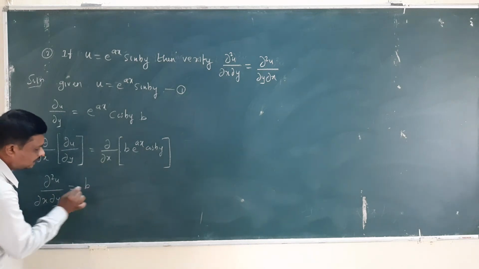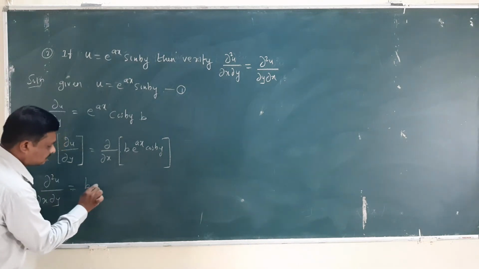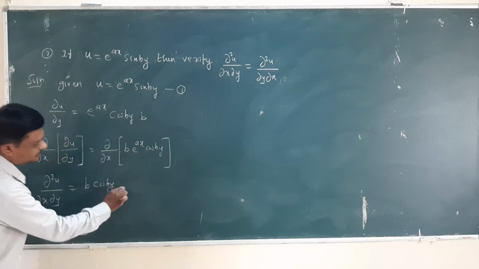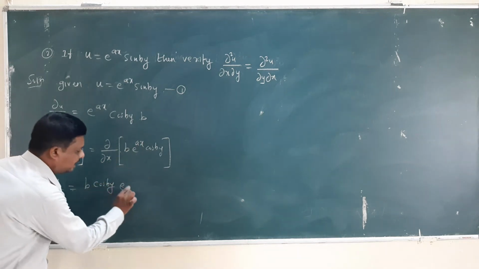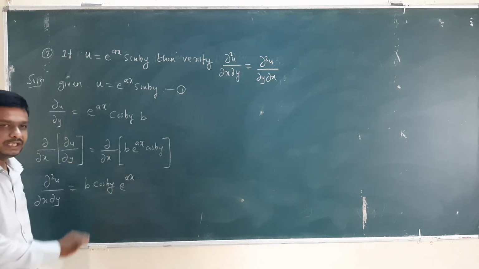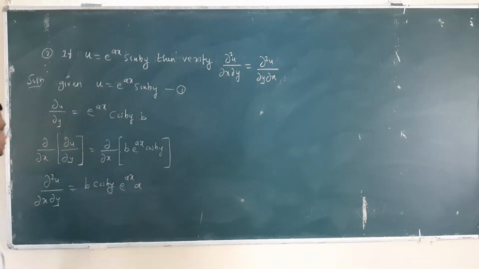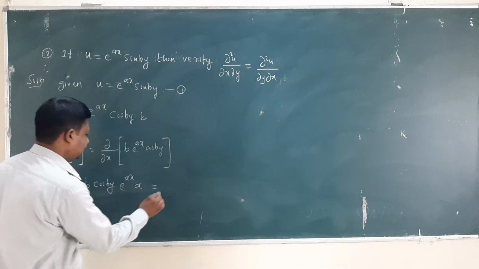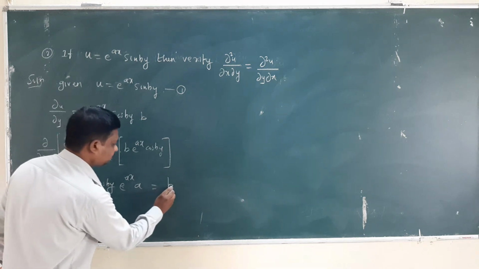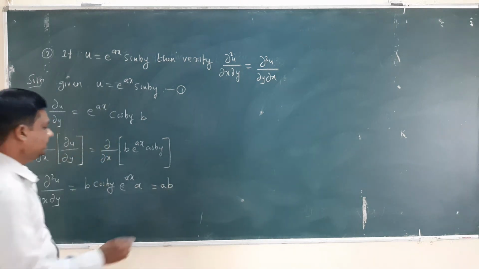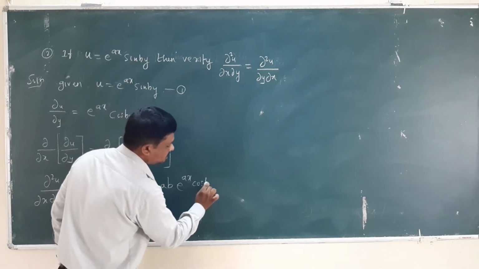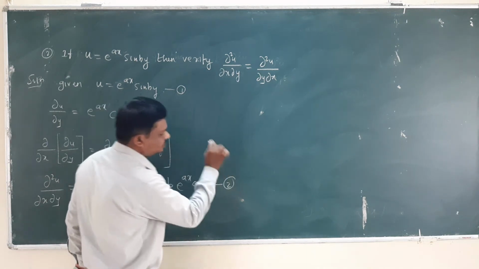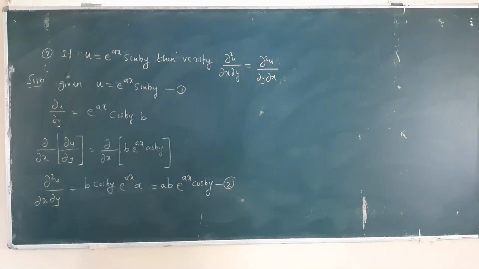Here b is constant, this cos by is constant. Derivative of e raised to ax with respect to x is, we know that derivative of e raised to ax is e raised to ax into a. So this implies a into b into e raised to ax cos by. So I will take this one as equation number 2.